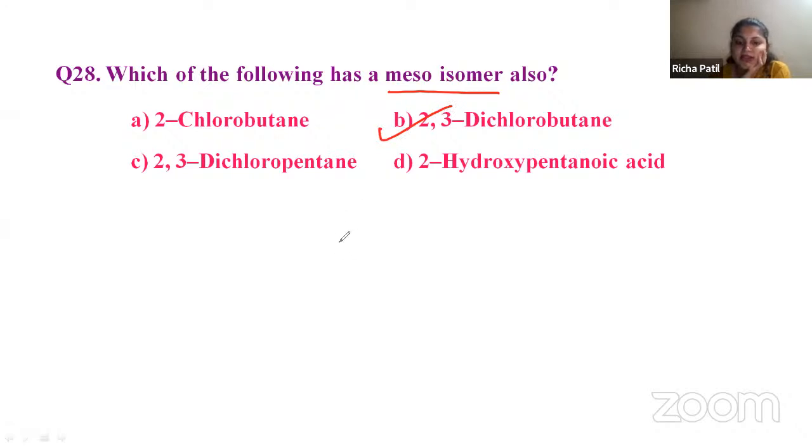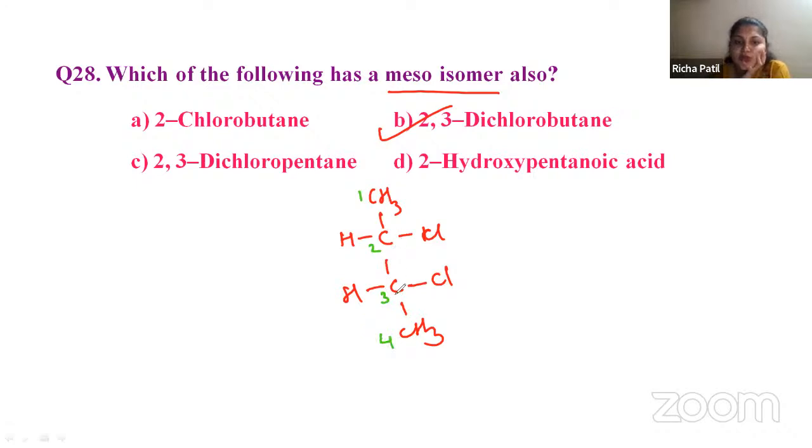Okay, I'll write the structure of 2,3-dichlorobutane. You can see CH3, CHCl, CHCl, CH3. So this is 2, 3, butane, right? 1, 2, 3, 4.